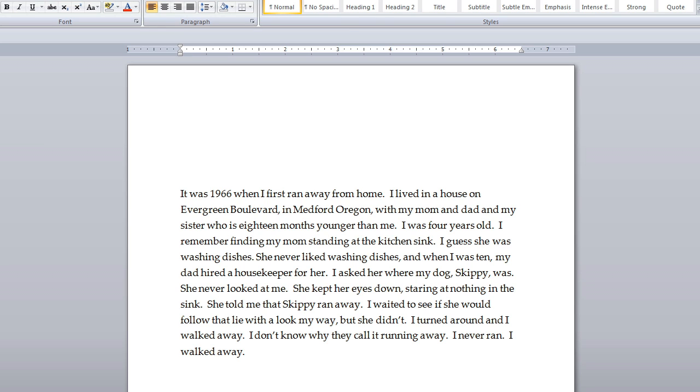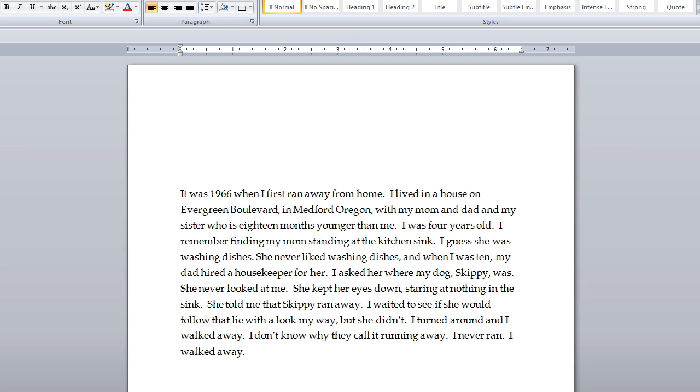It was 1966 when I first ran away from home. I lived in a house on Evergreen Boulevard in Medford, Oregon with my mom and my dad and my sister who was 18 months younger than me. I was 4 years old. I remember finding my mom standing at the kitchen sink. I guess she was washing dishes. She never liked washing dishes, and when I was 10, my dad hired a housekeeper for her.